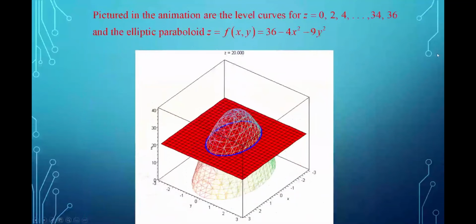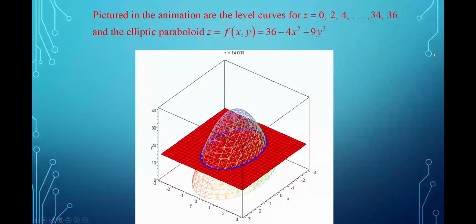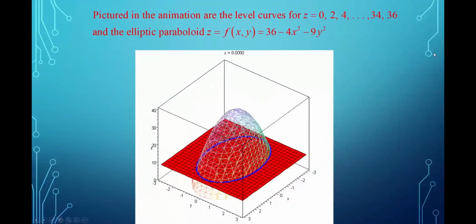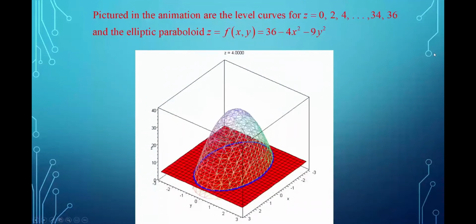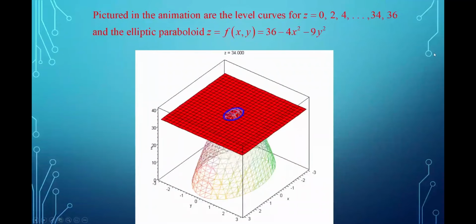Focusing first on the elliptic paraboloid, whose cross sections are ellipses, so the level curves are ellipses. Traces vertically would be parabolas, which is where it gets its name, elliptic paraboloid.